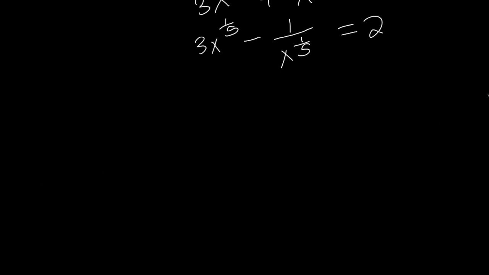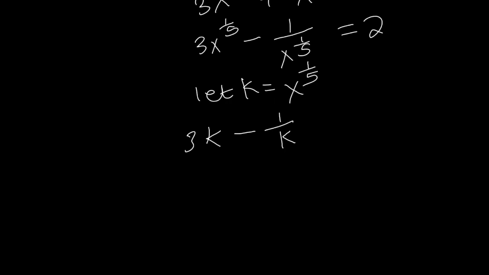So let k be x to the power of 1 over 5. So I'm going to have 3k minus 1 over k is equal to 2.